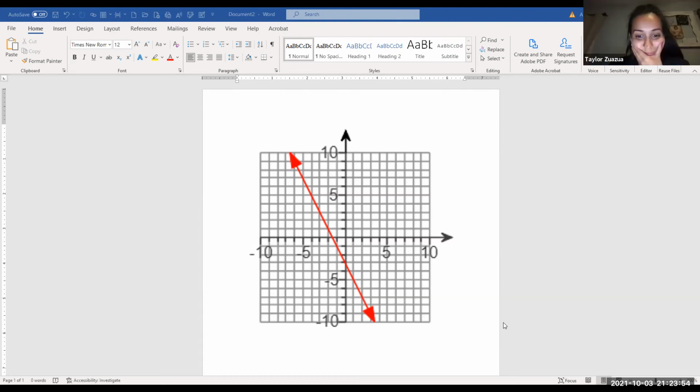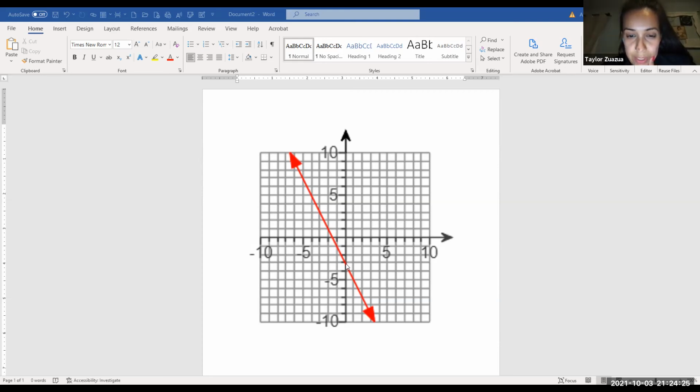To find the equation of a line, we need two things. We need to know the slope and we need to know the y-intercept. We see the y-intercept in this one is at -3, so b equals -3. So what's the slope? The slope would be to the next point.